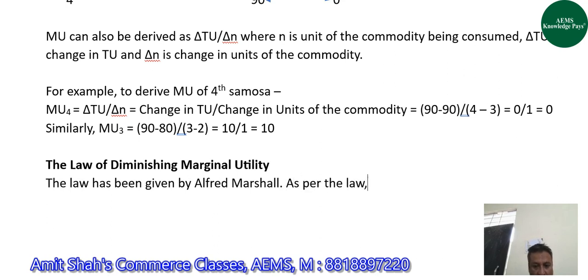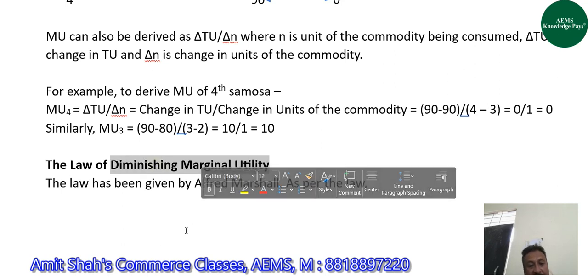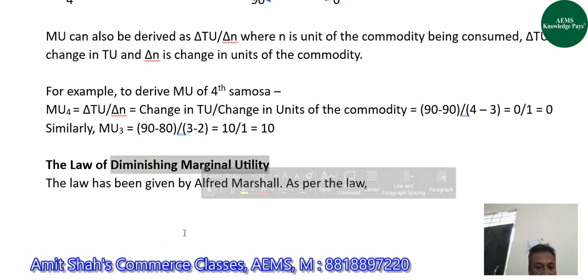As per the law, when a consumer consumes units of a particular commodity continuously, one after another, every successive unit gives him a lesser amount of satisfaction. That is the law of diminishing marginal utility. That is, every successive unit's marginal utility keeps diminishing or remains lower than the marginal utility of earlier units.